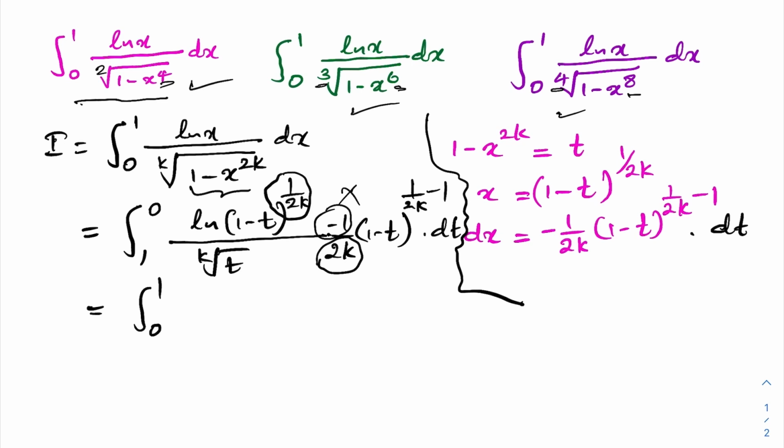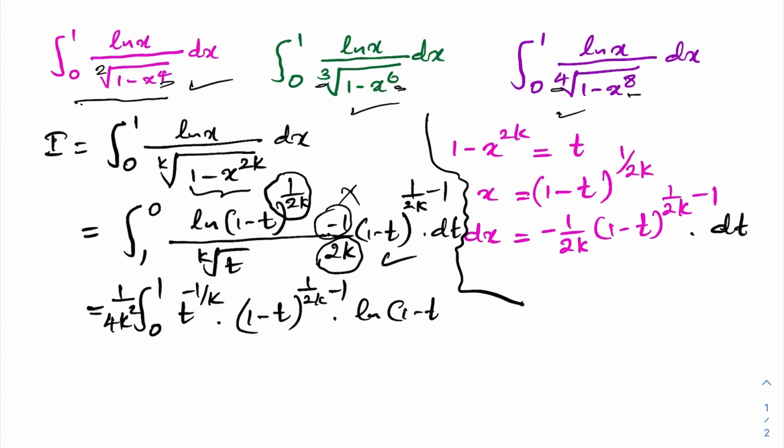So 1 over 4k squared. Then we have the kth root of t, which is equal to t to the 1 over k power. If we take t to the 1 over k to the numerator, we get t to the minus 1 over k power. Then (1 minus t) raised to the 1 over 2k minus 1 power times natural log of (1 minus t) dt.